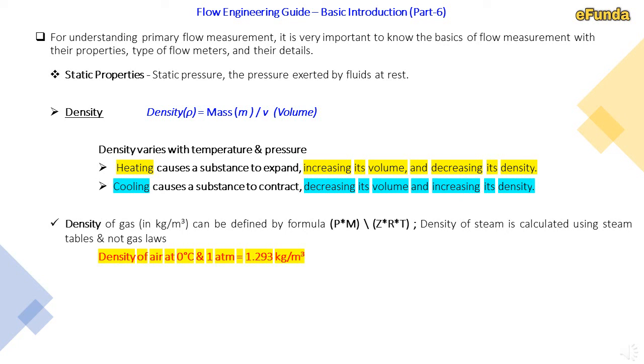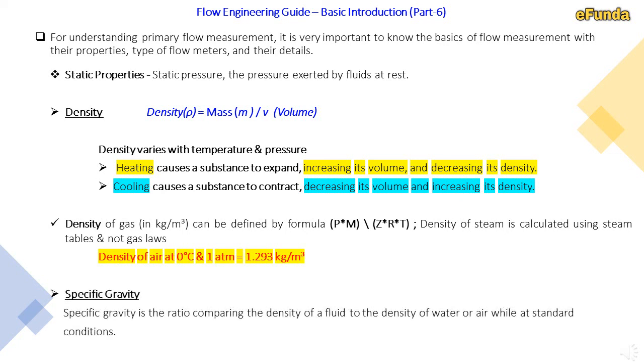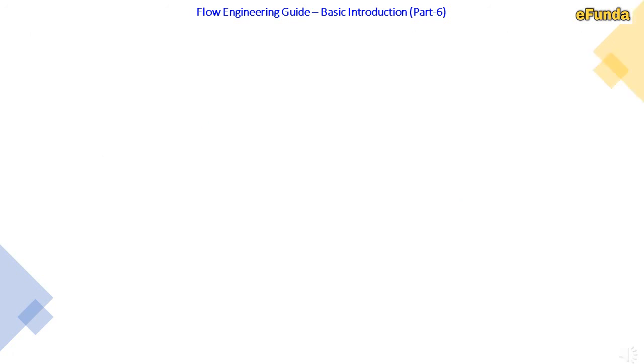This is all about density. As you know, specific gravity is also critical. Specific gravity is a ratio comparing the density of a fluid to the density of water or air at standard conditions. Moving on to the next property, that is dynamic properties.